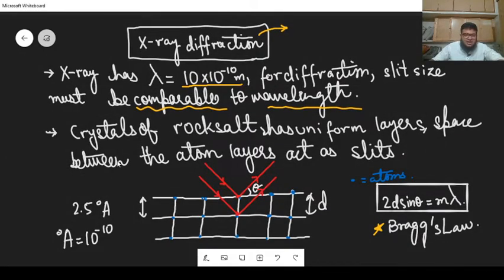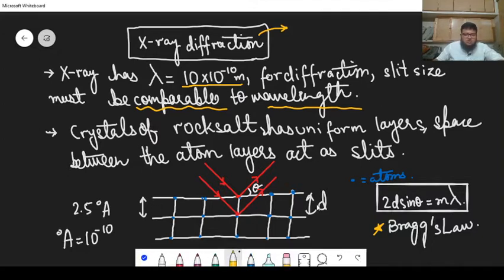the spaces in between atoms, or the layers of atoms in uniform crystals, act as slits. So crystals of rock salt, basically sodium chloride, the common table salt: sodium and chloride atoms are arranged uniformly, right?